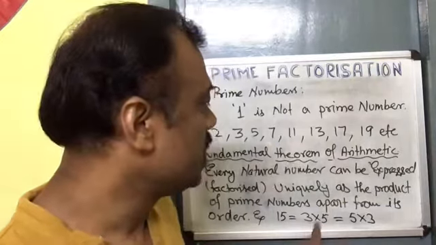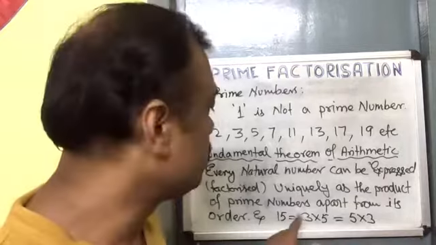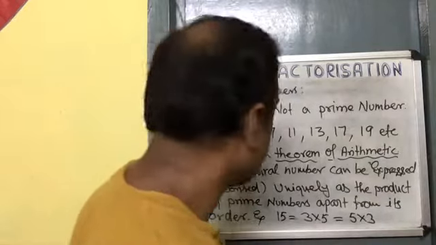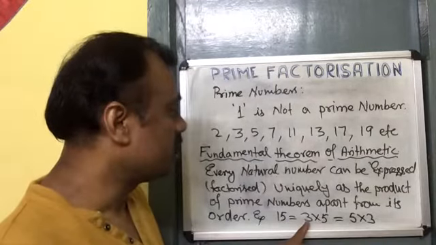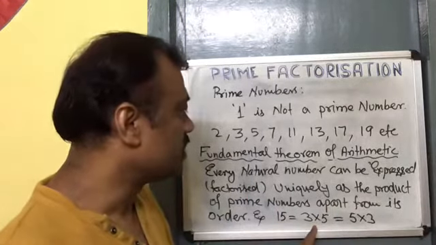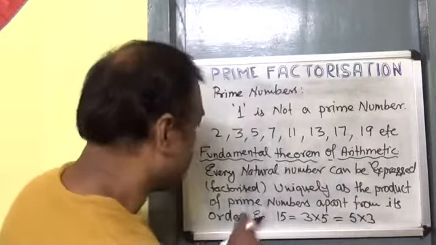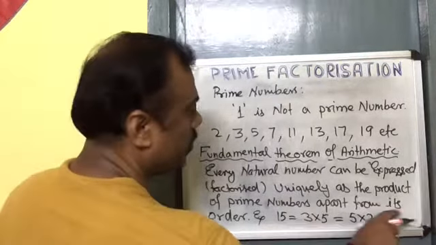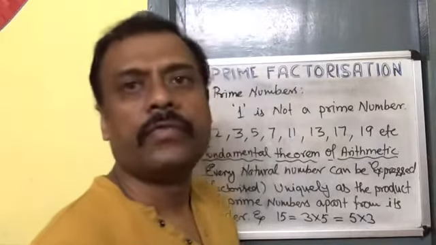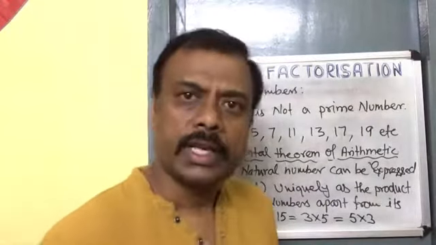So the prime factors of 15 are 3 and 5 only, and we can express it as a product of primes, 3 into 5 or 5 into 3. In the last line it says apart from the order. Order does not matter. With this, we can find the prime factors of all natural numbers.